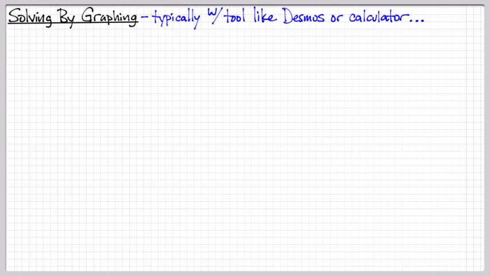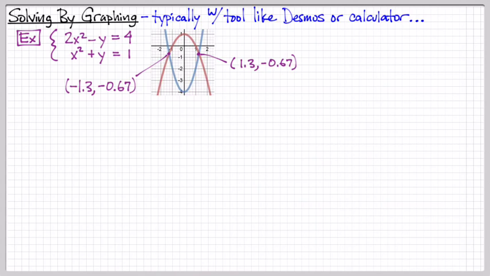Let's take a system like this. If we have a nice tool like Desmos or a calculator, we could graph it. If we were to graph each equation, we'll get something like this. So we have this equation here, which is in blue. We have this other equation here, which is in orange.